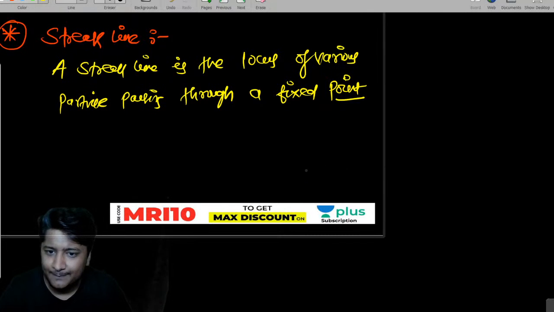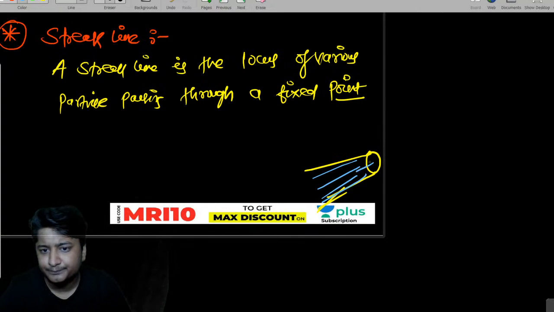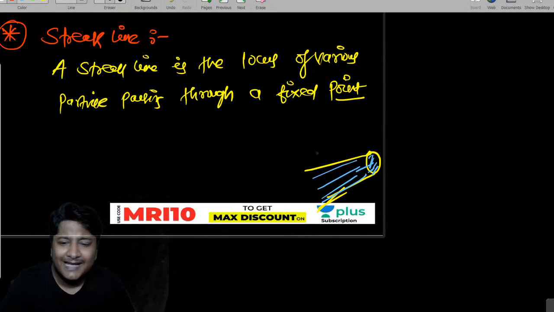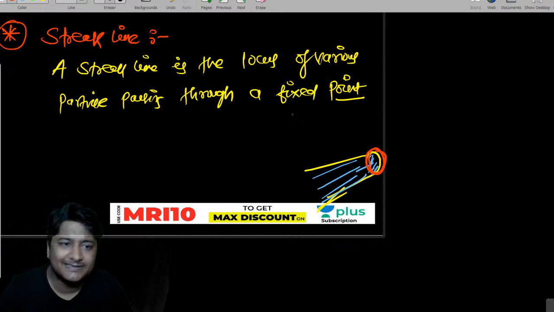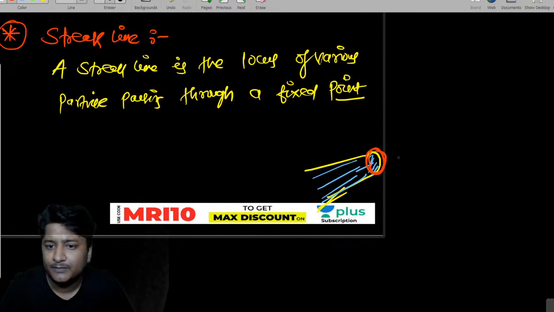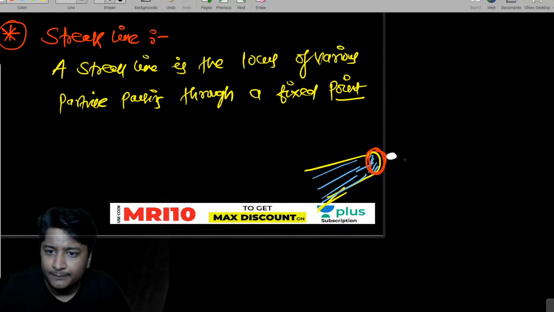For example, this is the pipe. What is flowing from this pipe? ठीक है. Now from this point, all the particles are going. So for example, take an example of a particle. एक पार्टिकल हो गया.